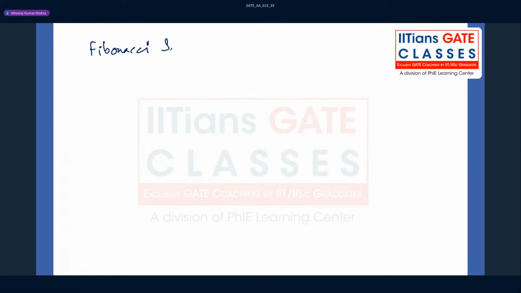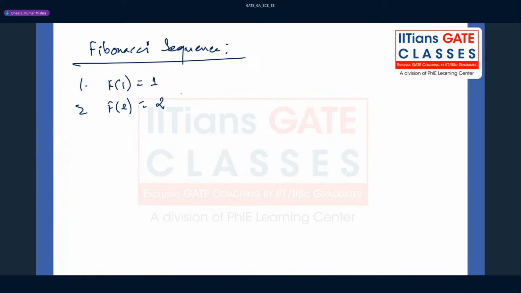So this is nothing but the Fibonacci sequence. F1 is 1, that is one way to reach the first stair. Second, there are two ways to reach the second stair: 1 plus 1, or directly 2, moving two stairs up.